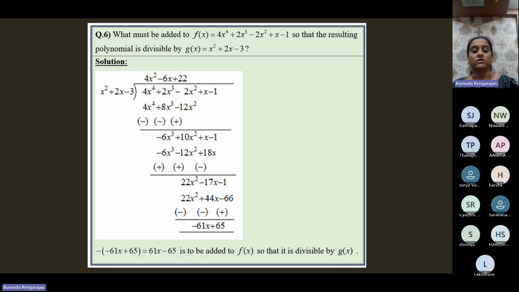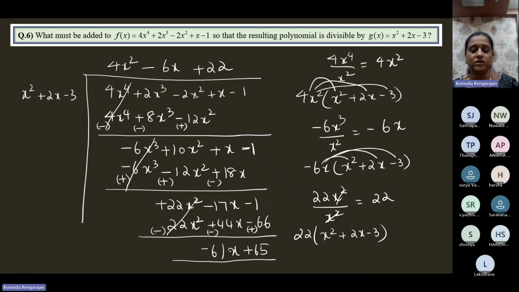When the degree of the remainder is equal to the degree of the divisor, continue the division process. When the degree of the remainder goes less than the degree of the divisor, the division comes to an end. And that's what has happened here. What's the degree of the remainder? 1.